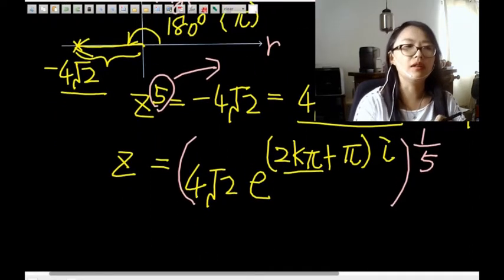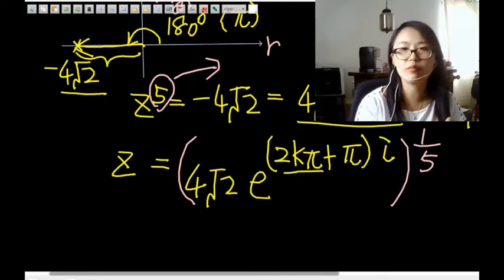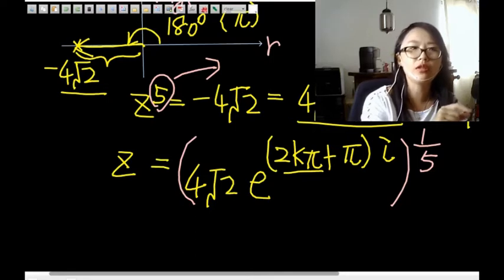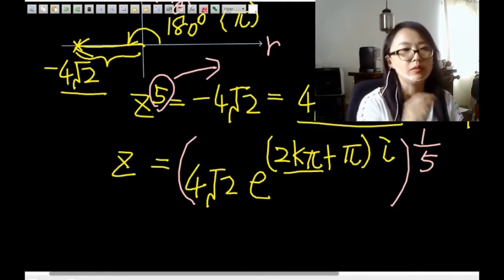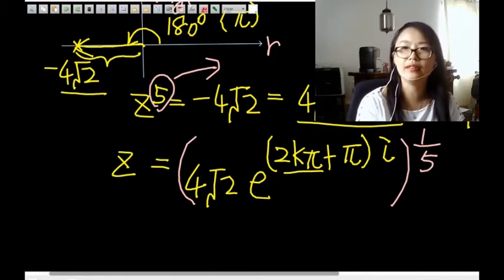In math, it's always like this. When you have z plus 5 on the left-hand side of the equal sign, if you put plus 5 on the right-hand side, it becomes minus 5.